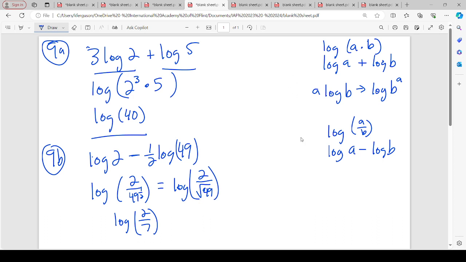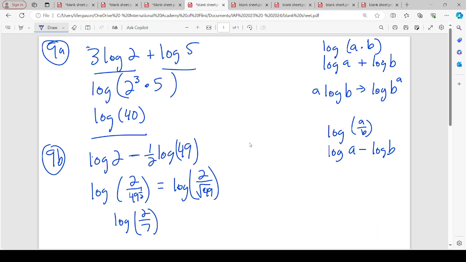All right. So yes, because it's log of 2. So the 2 is the one that's on top. And then the 1/2 of 49, 49 to the 1/2 power, you take the square root of 49. Square root of 49 is 7.